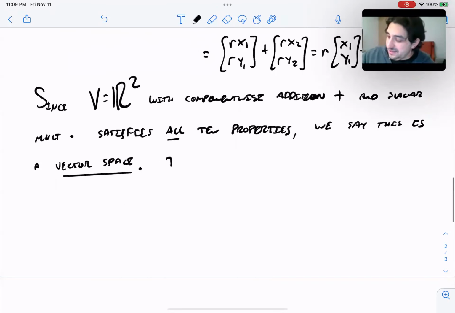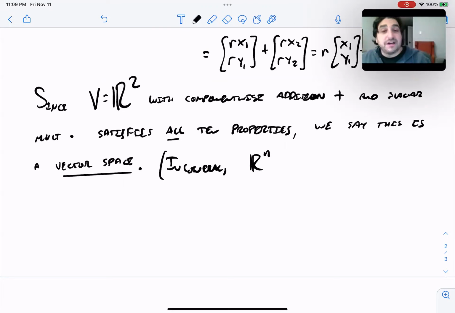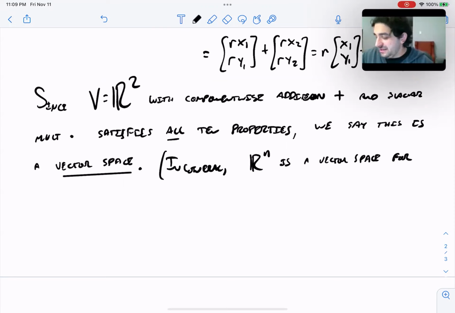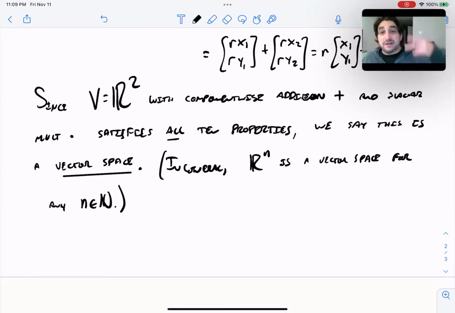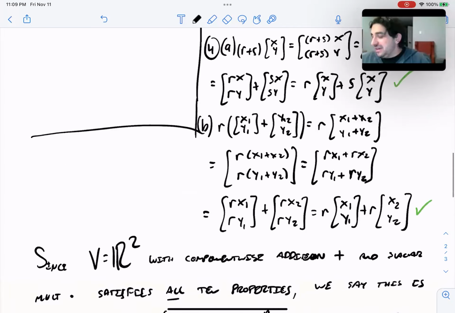One quick generalization of this: if you do component-wise addition and component-wise scalar multiplication, Rn is a vector space for any natural number n. So just like the xy plane is a vector space for n equals 2, if you did xyz, and n is 3, so now you have triples of real numbers, essentially exactly the same argument that we wrote out here.